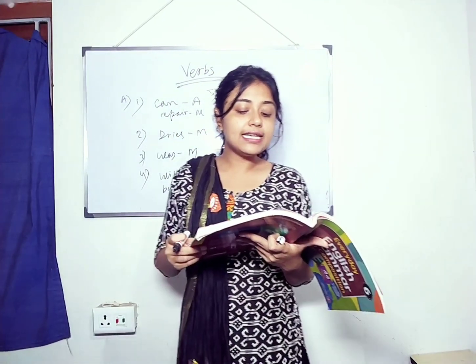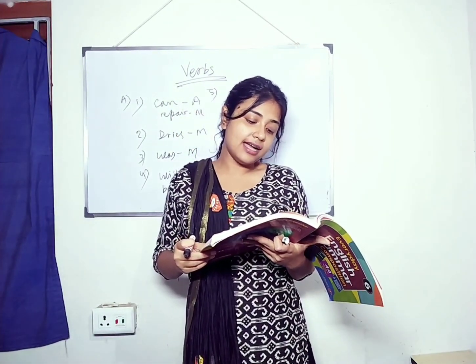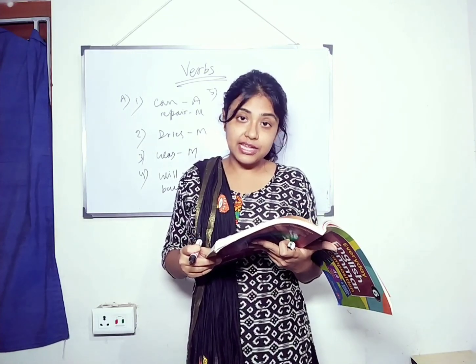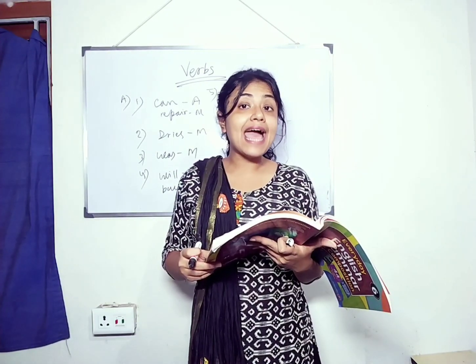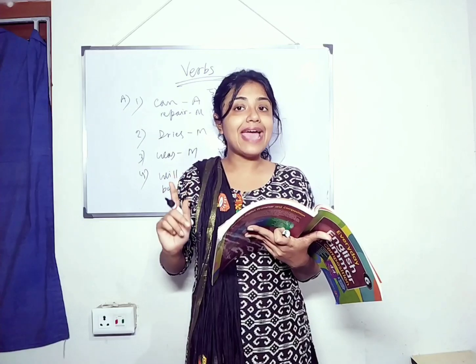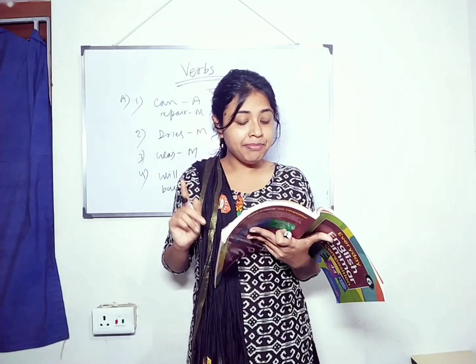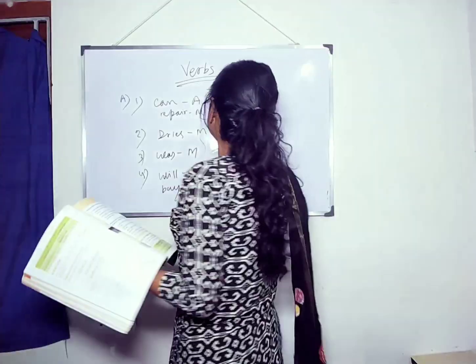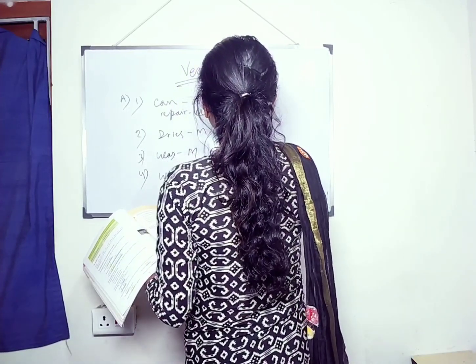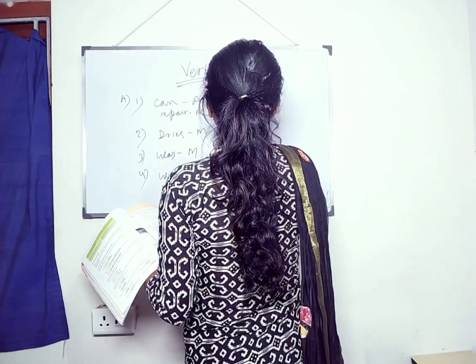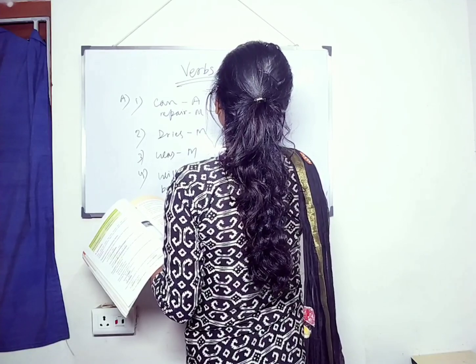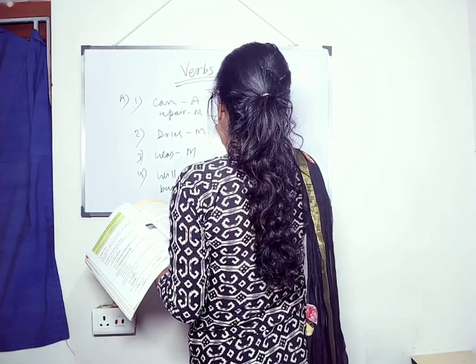This professor can talk for many hours on Indian history. The professor can talk. 2 verbs. So can is what? Can is auxiliary and talk is what? Main verb. So can is auxiliary and talk is main verb.